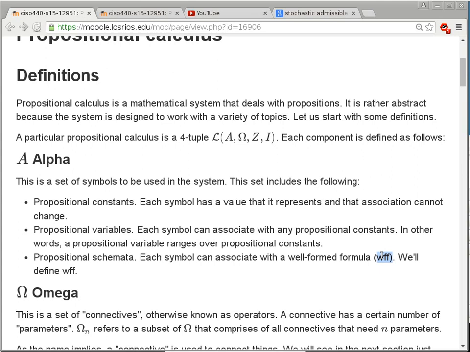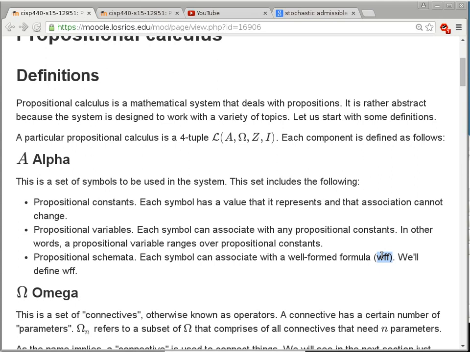And we'll talk about that later on. Basically, we're defining the alphabet of a particular system. We have 0 and 1 to represent false and true, and then for variables, we typically use P, Q, R, S, the English alphabet, lowercase. And then for schemata, we use Greek symbols, typically lowercase psi.